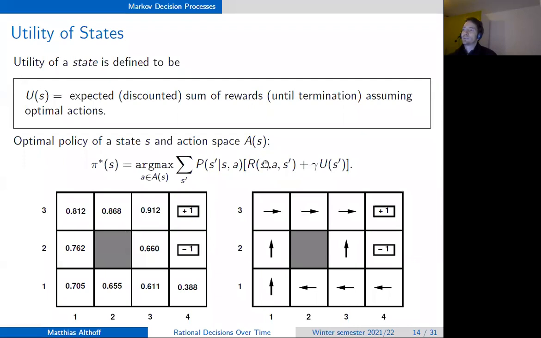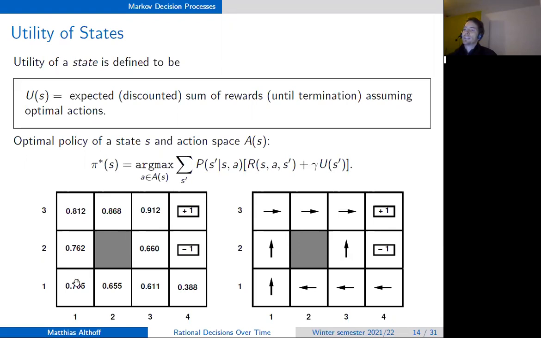And of course, we have to weigh these rewards with the probability of entering the next state s prime, because the reward and the remaining rewards depend on the next state, and we have to consider all cases. So as in the previous lecture, we multiply the probabilities with the utilities and sum this over all possible outcomes. Then we choose the action that maximizes this expected utility.